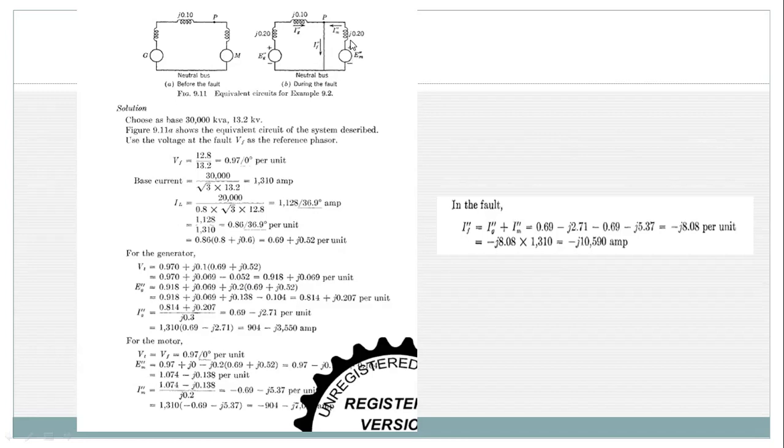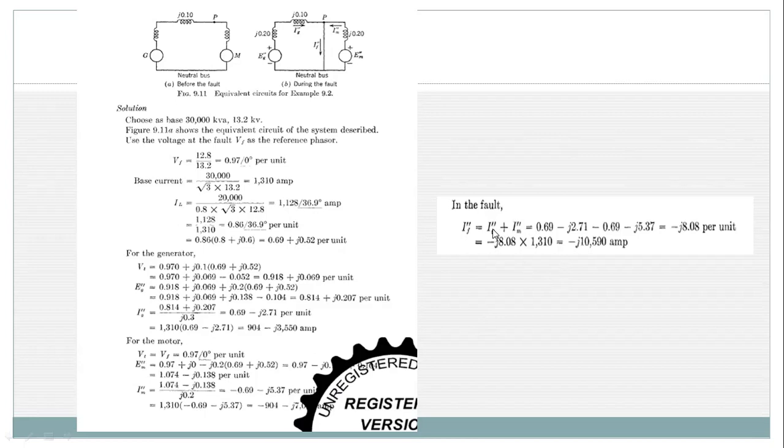And here only j0.2, that is the internal reactance of the motor, will be considered, because the current flows through the internal reactance and goes to the short circuit branch. So this only one reactance will be considered. So that's why the subtransient short circuit current for the motor is the internal voltage of the motor divided by the reactance j0.2. Then we can find out the short circuit current for the motor.